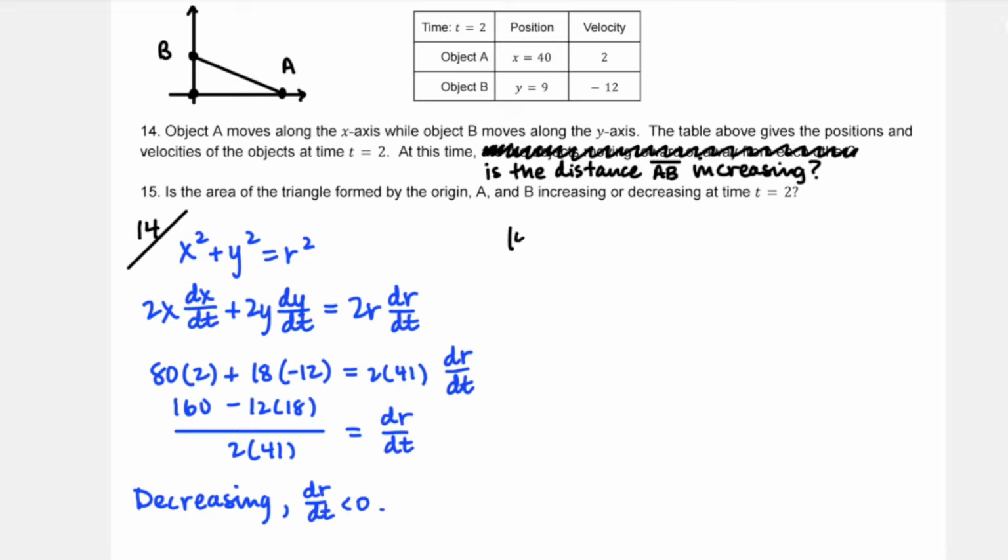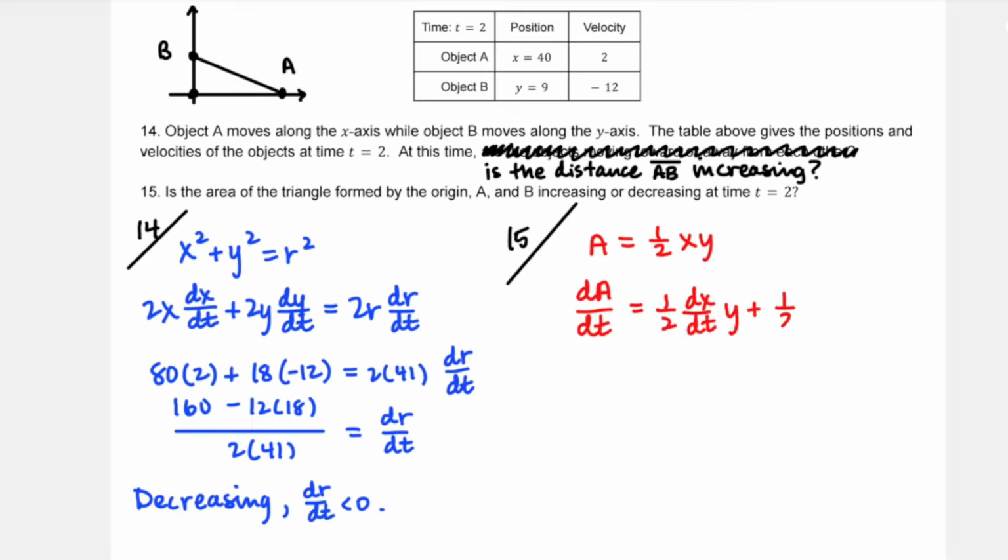For number 15, talking about the area of the triangle. We would know that the area of this is going to be 1/2 base times height. So that would be 1/2 x times y. We can take the derivative of this with respect to time. That would be the derivative of 1/2 x, leave y the same.